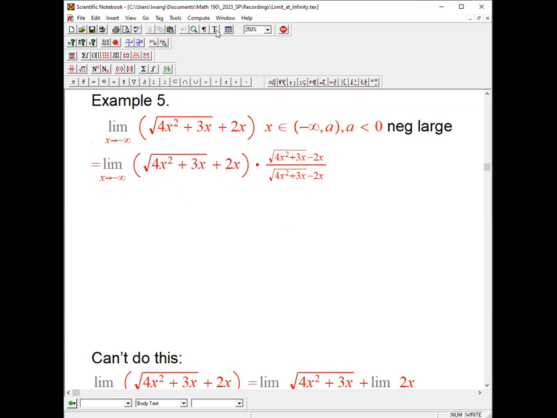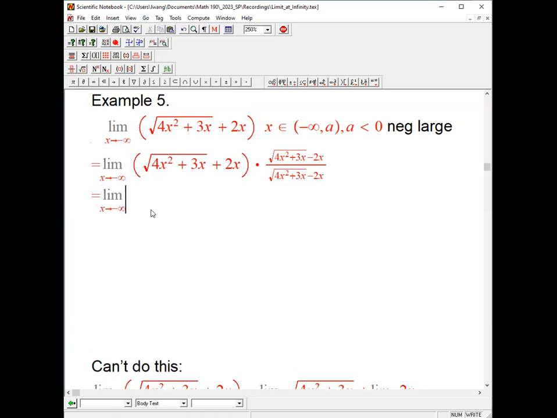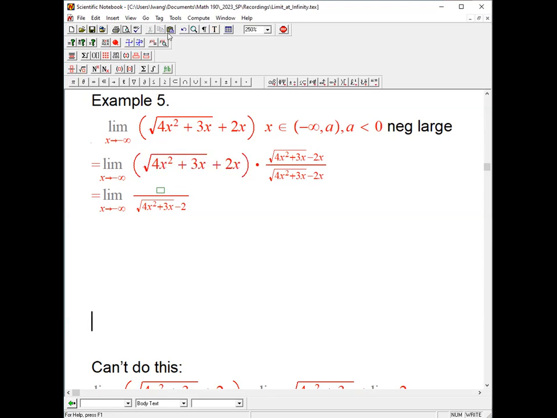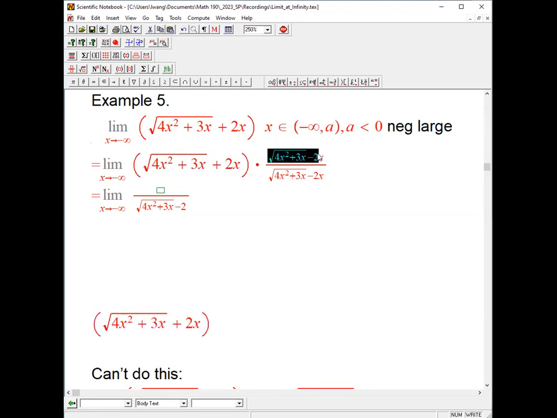Okay, and next, conjugate. So we keep that, and we have a denominator now. The denominator is this piece. On the numerator, we have a plus b times a minus b. If you like to work on your scratch paper, multiply that piece.